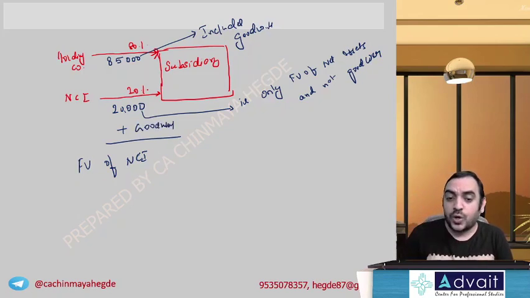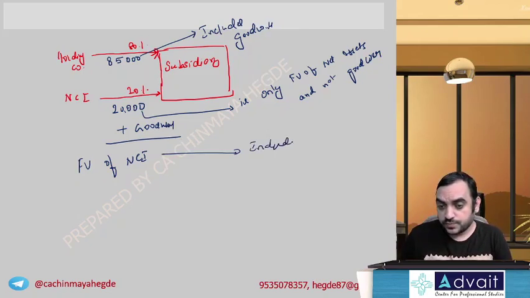And that is what is called the fair value of NCI, and the holding company's includes goodwill. Now when I add fair value, this also includes goodwill. And thereby we are able to get the full value of goodwill, and hence full goodwill is achieved.